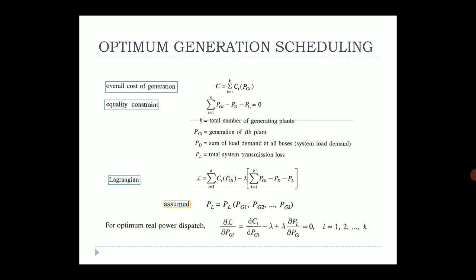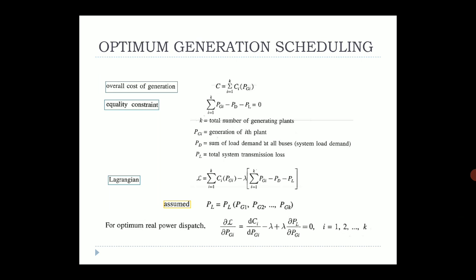Now we will come to the optimal generator scheduling considering the transmission loss. We'll start with the equations. This is similar to the previous equation of the cost minimization, except we are including the transmission loss part. Again we have the overall cost of generation, capital C, given by the sum of the costs of the individual generators.